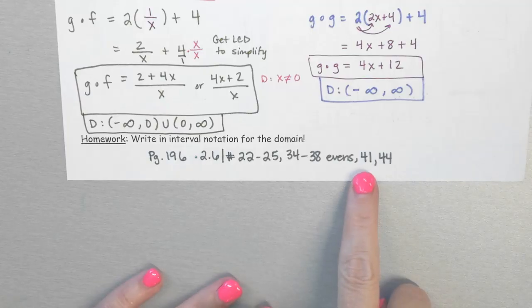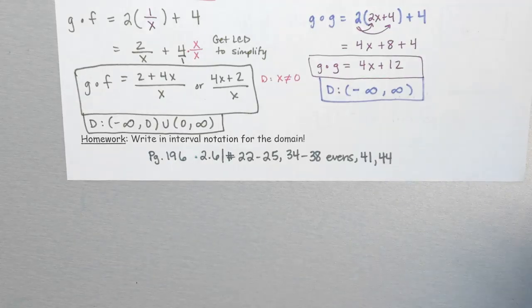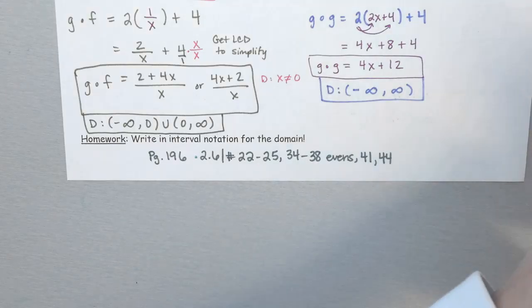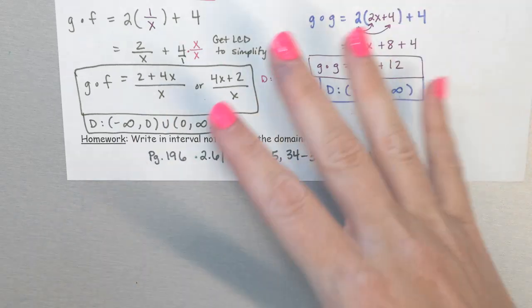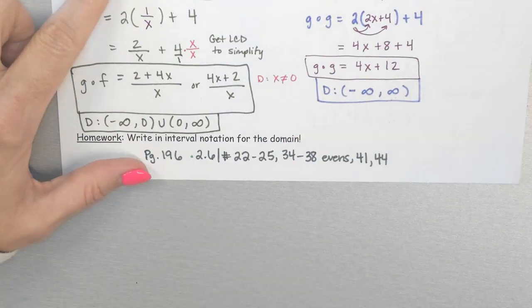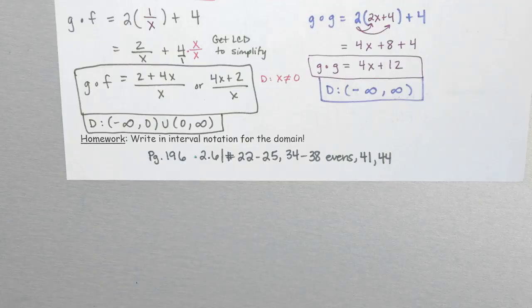So don't do through 44, it's just 41 and 44. Okay, and again, you do have to show your work. Sometimes your work is going to be minimal, like if you plug it in and you don't simplify. Okay, and then I will also post answers for you so you guys can check those.